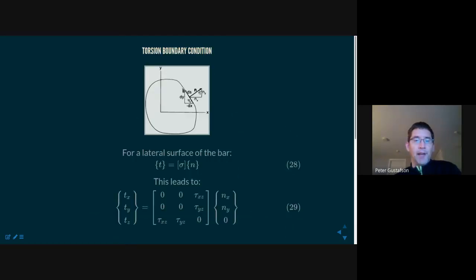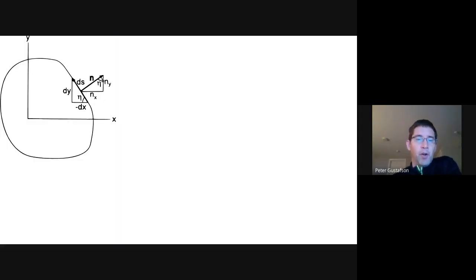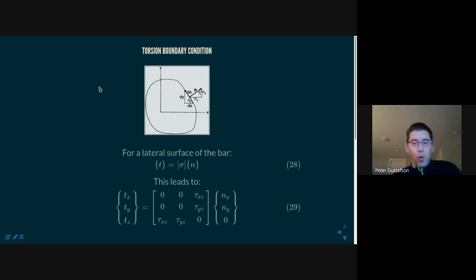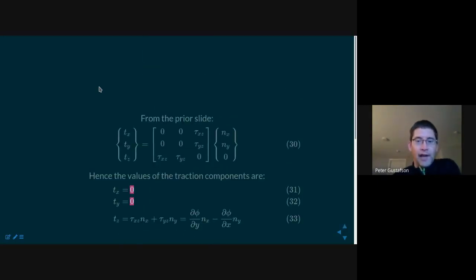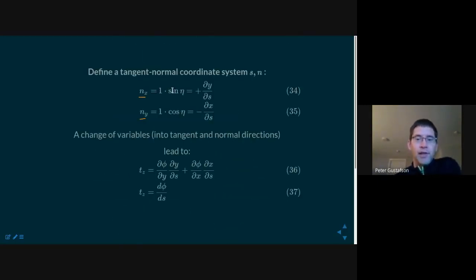We're assuming that the normal n is of length 1, and the component is simply the hypotenuse times the sine of the angle. The hypotenuse in all these cases is 1. So 1 times sine of eta is the normal component in the x direction. 1 times cosine of eta is the normal component in the y direction.